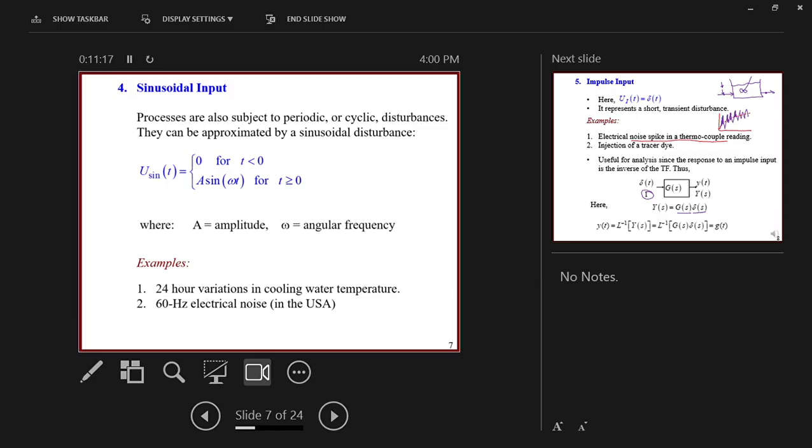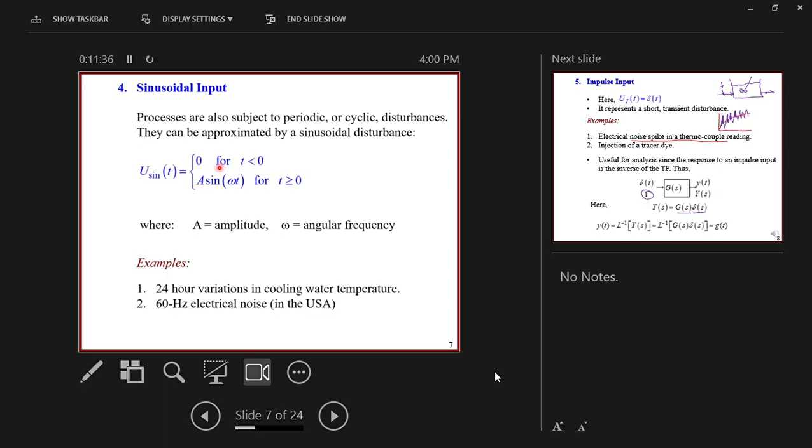An example of such an input is the sinusoidal input. Here the process input goes in a periodic, cyclic manner, and this can be represented using a trigonometric function.